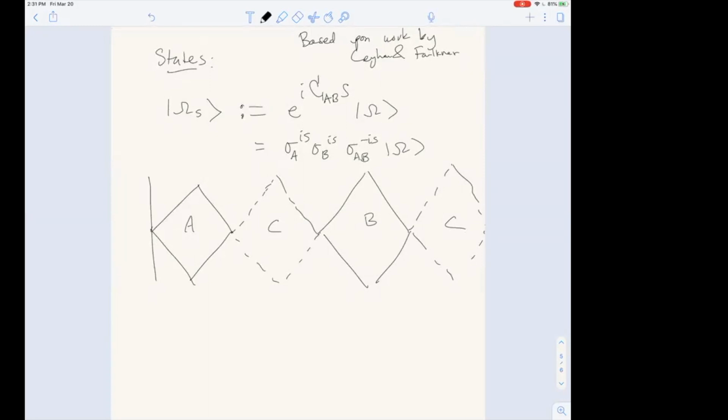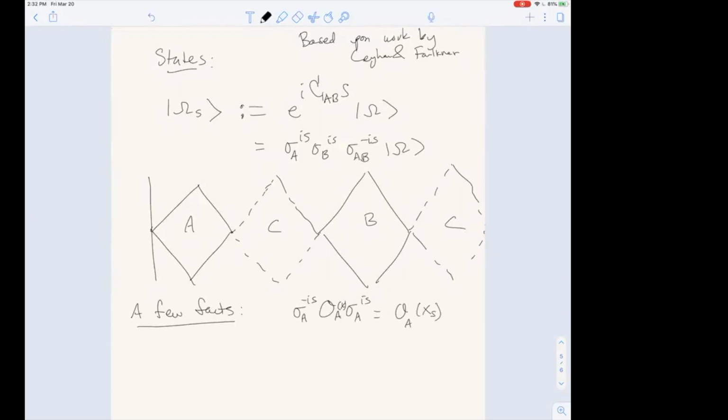The idea here is to study expectation values in this state. A few facts that I'm going to need. One is that operators flowed under the vacuum density matrix on A, local operators in A, just get translated along a local flow.